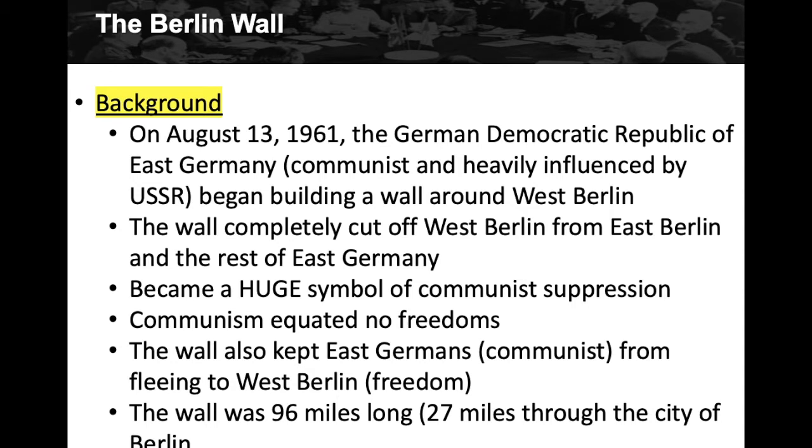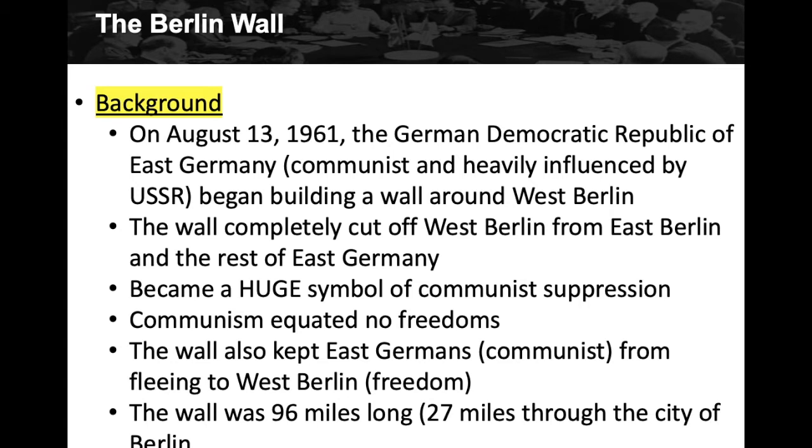And so they start building a wall around the part that is democratic. The wall completely cut off West Berlin from East Berlin and from the rest of East Germany. So now we have this walled-in island of a city called West Berlin.